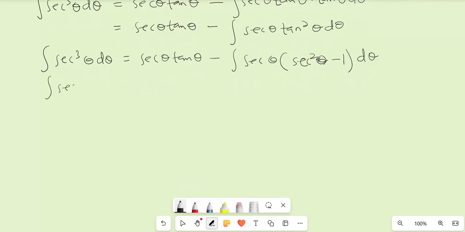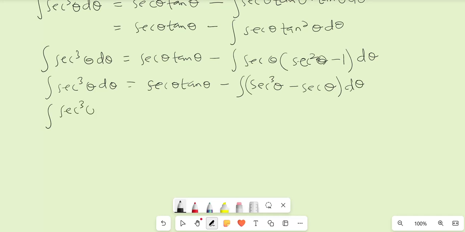Does this simplify to secant to the third power of theta d theta equals secant theta tangent theta minus the integral of secant theta? So we distribute the secant. We have secant to the third power of theta minus secant theta, all d theta.